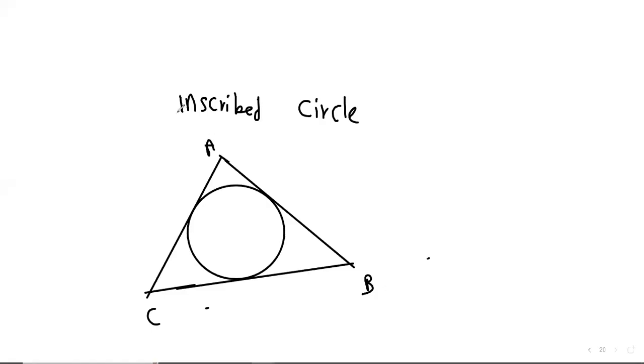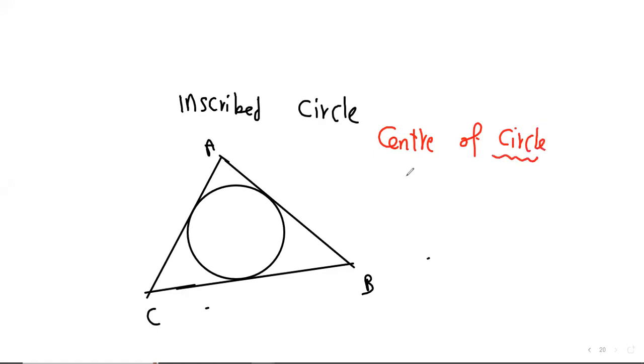This circle is an inscribed circle. And for the inscribed circle of any triangle, if I want to find the center of this circle, we can get it from the point of intersection of the bisectors of its interior angles.